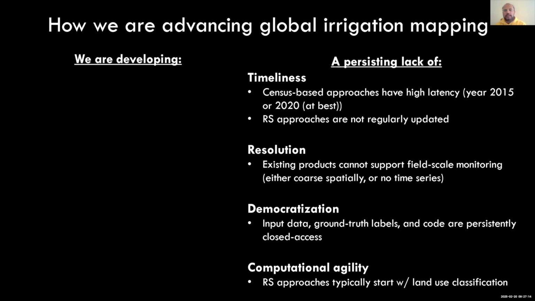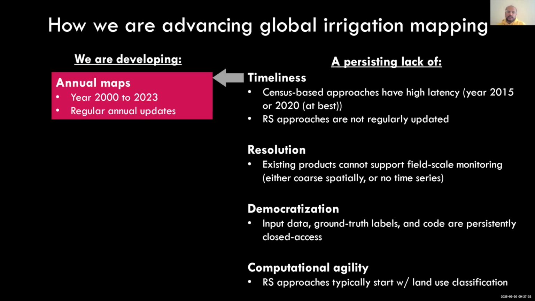Although there are a few remote sensing approaches that try to address those challenges, often those remote sensing maps are not frequently updated. It's just a single effort for providing irrigated area for specific years.